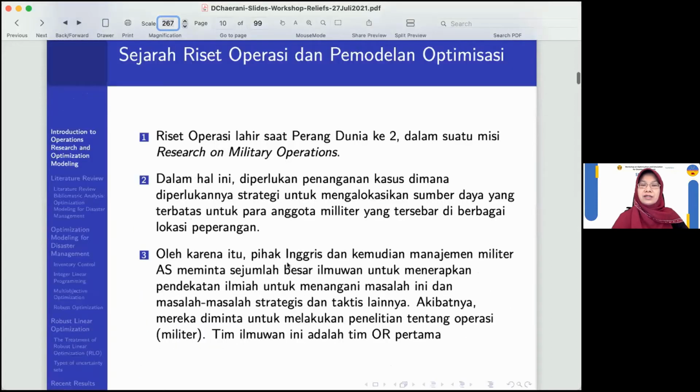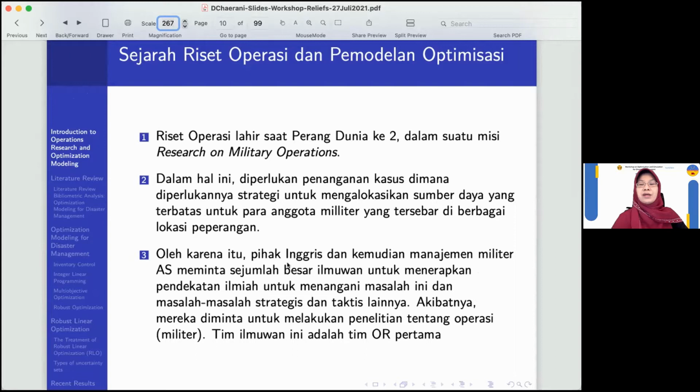And then when we look back, some of the things that we need to know are based on the history of OR and optimization models. Why is it called like that? Because it was established in World War II in a mission called Research on Military Operations.